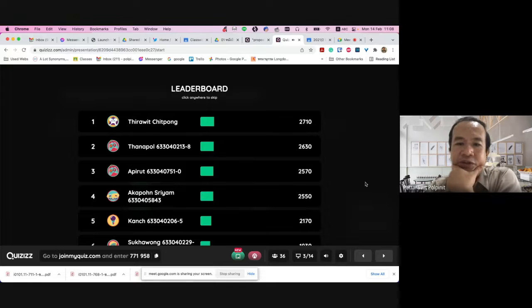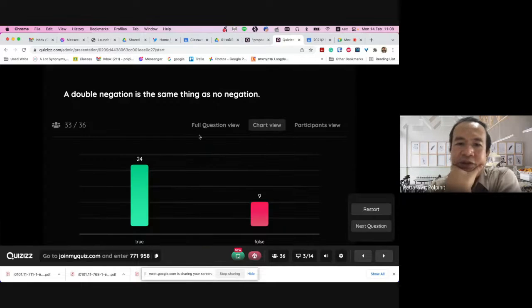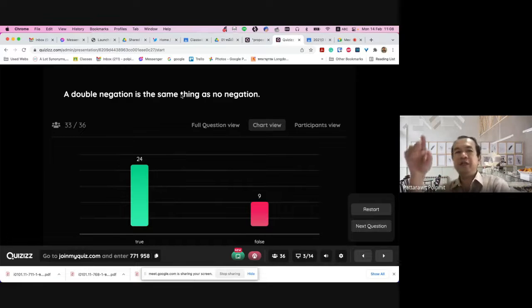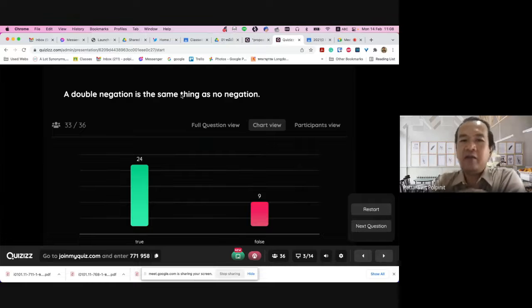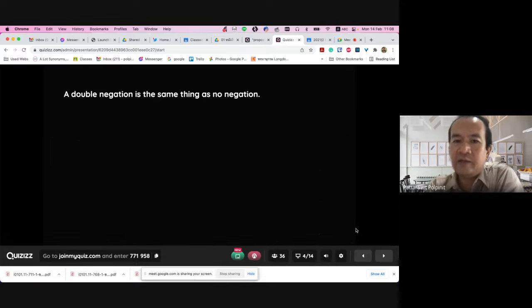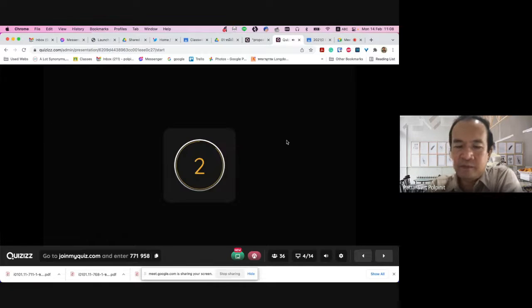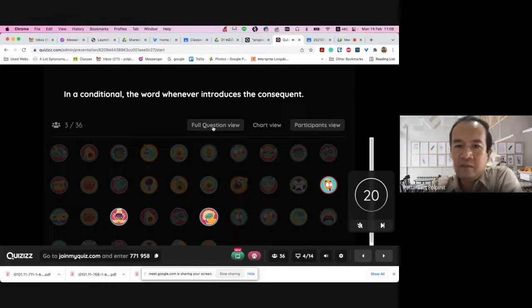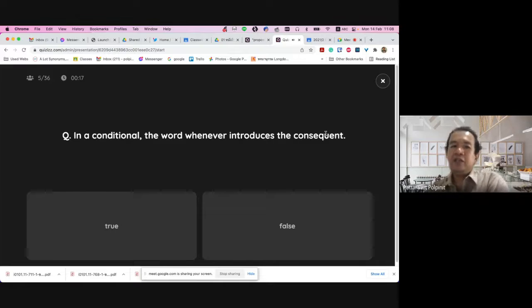When you have a double negation, two negations together, they basically just cancel out, so it is the same thing as no negation, which is correct.